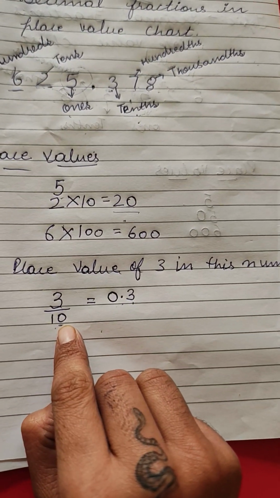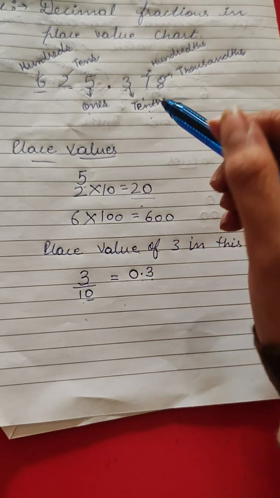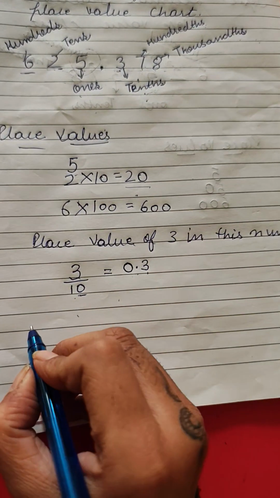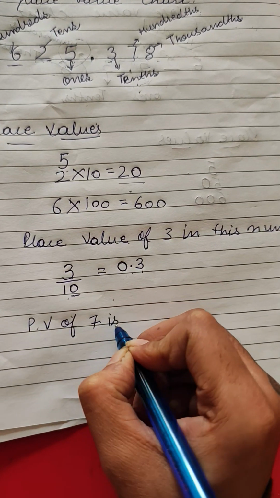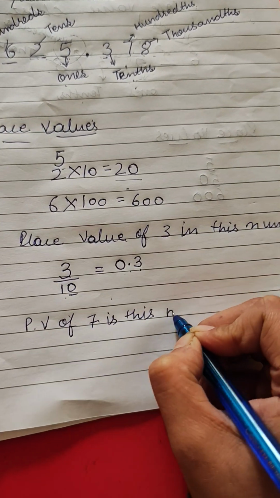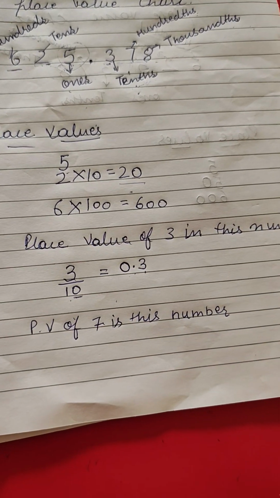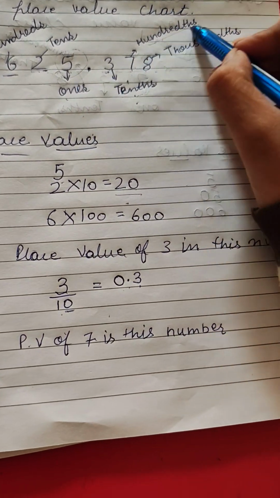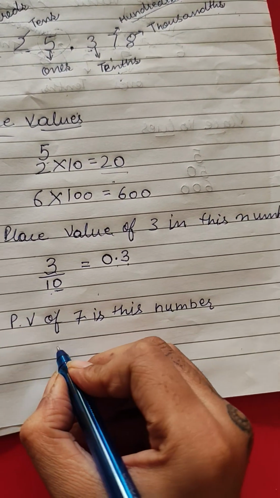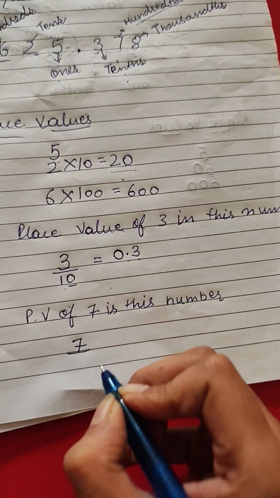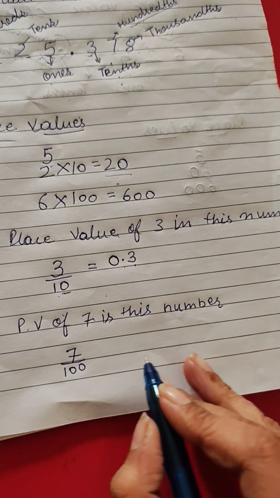3/10. Okay, 3/10. Now the place value of 7 in this number. 7 की प्लेस वैल्यू इस नंबर में क्या होगी? So 7 is on the hundredths place, so we have to divide 7 by 100.